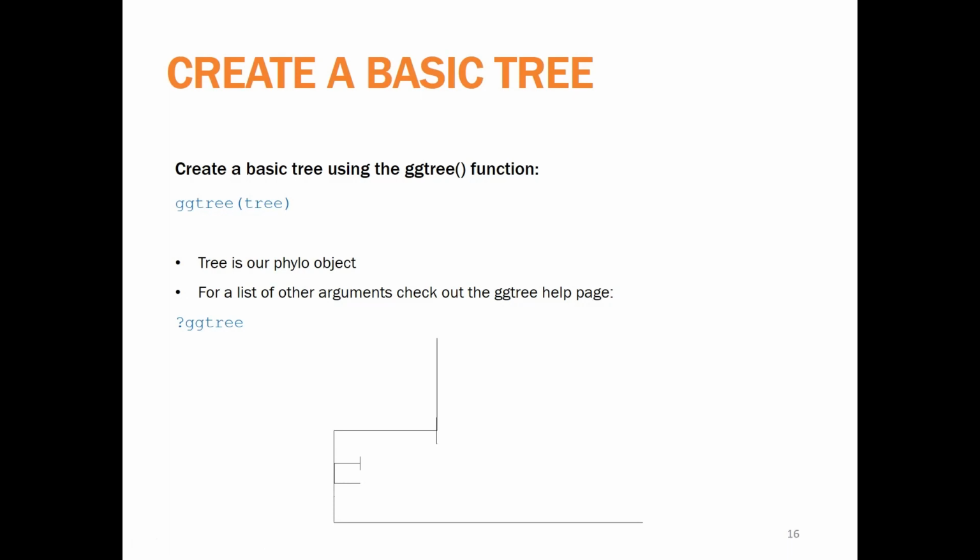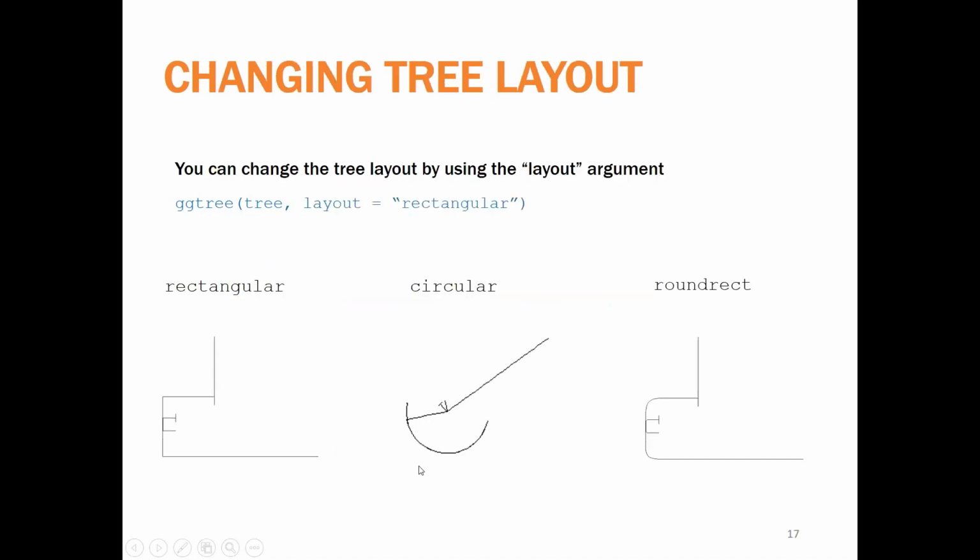If you want to look up any additional arguments, you can go to the help page by doing ?ggtree. You can also change the tree layout. Depending on your data and what you're interested in visualizing, you can change the tree layout by using the layout argument.